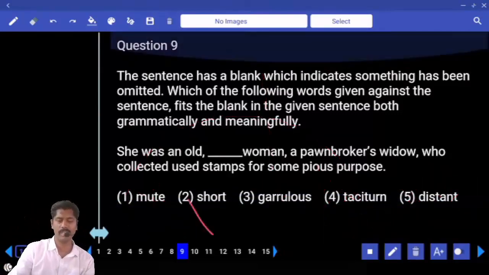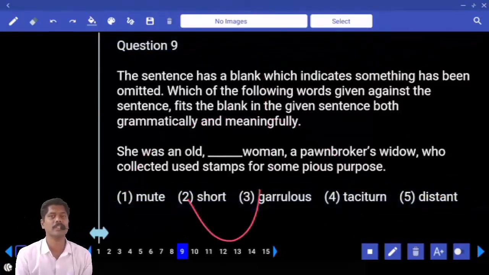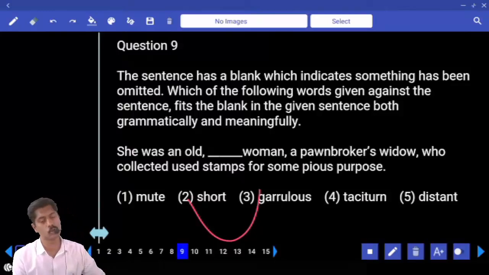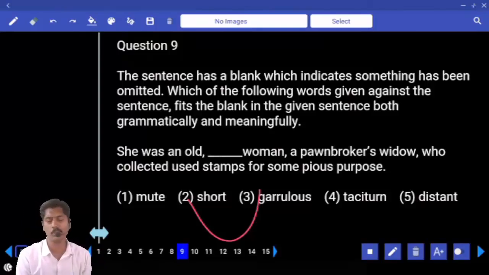Answer 2 or 3. You can take either. Both are okay according to me, because there is no hint of talking, not talking. She was collecting the stamps, used stamps, not related to talking. And short. Physical personality. Both are okay. What is the key given?